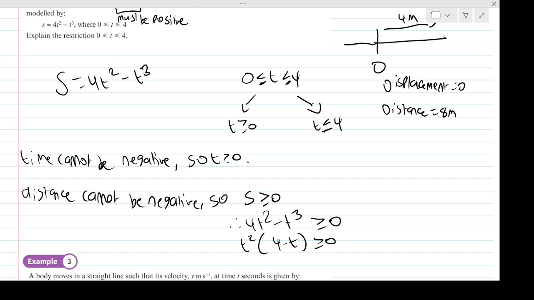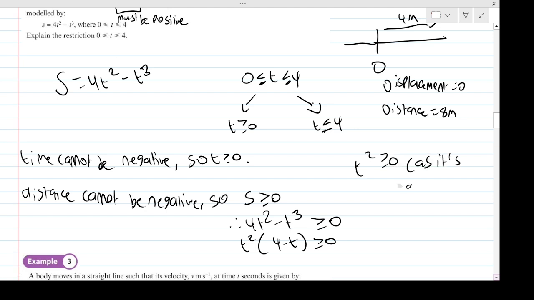Now hopefully it's a bit clearer how we can get t less than or equal to 4. What I'm saying is these two factors have to multiply to give a number greater than or equal to 0. Now, t² is greater than or equal to 0 by default, as it's a square number.